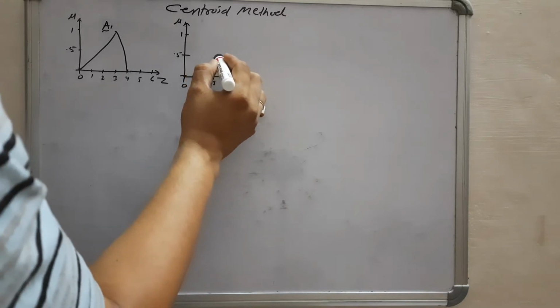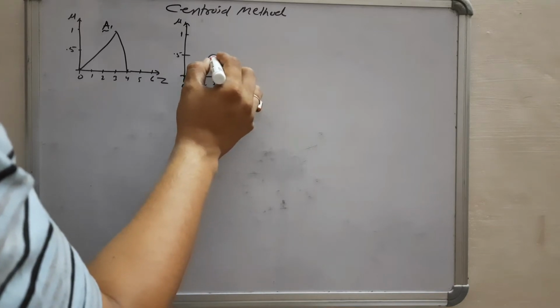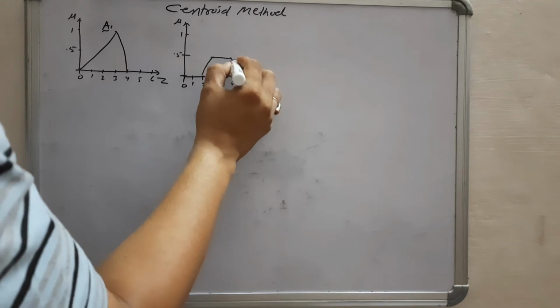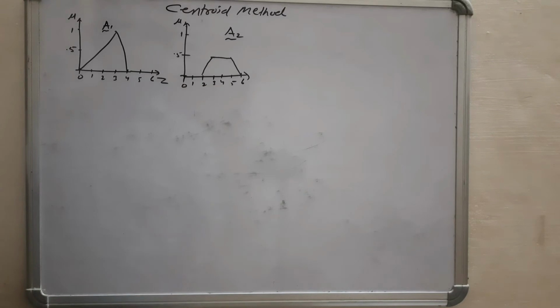It is 1.5 to 3 to 0.5 and this is 8. These two membership functions are given.